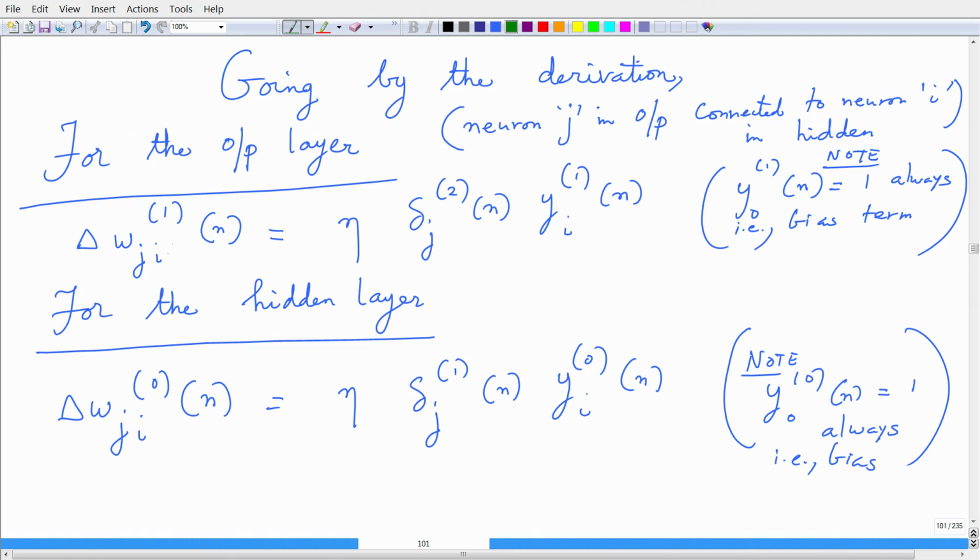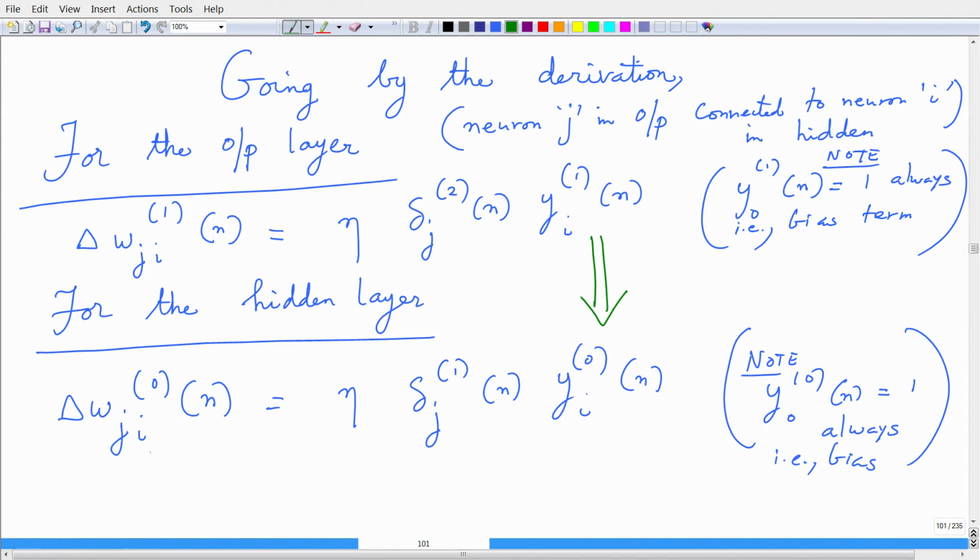Delta wji of 1 at time instant n is eta times the local gradient at node j in the output layer times the input, which is basically the function signal yi1 of n, because this is the input from the ith hidden node to the jth neuron in the output layer. This is straightforward, and do the math similar to what you did for the output neuron.